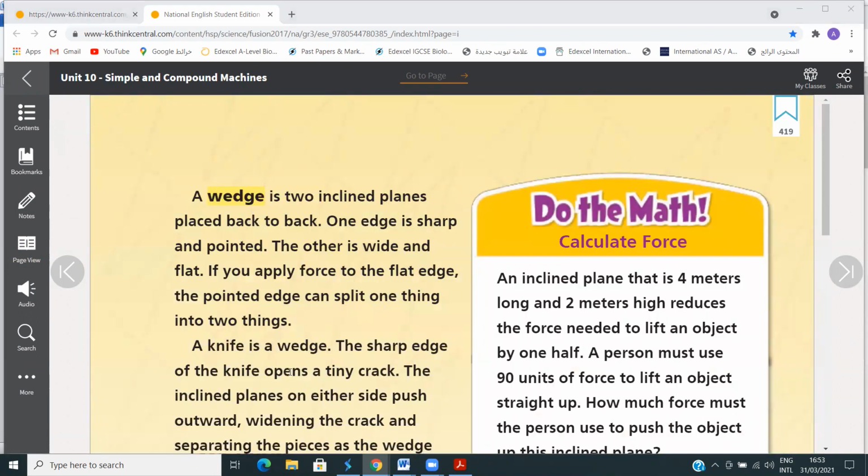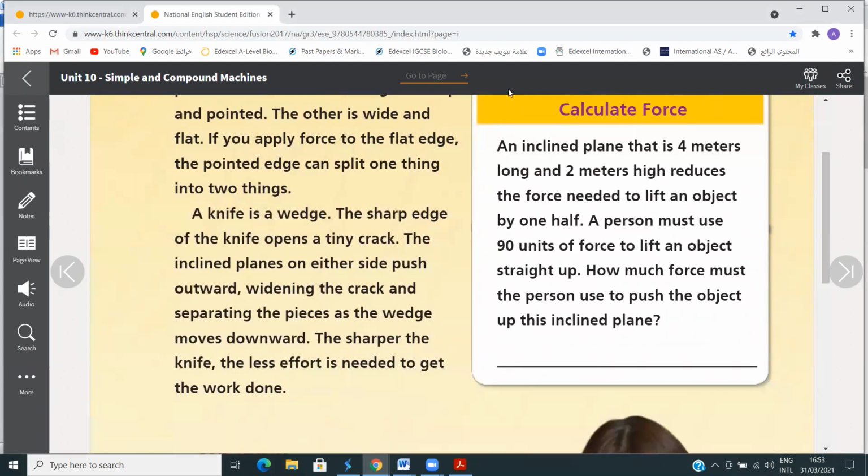A knife is a wedge. The sharp edge of a knife opens a tiny crack. Crack means the hole here. The inclined planes on either side push outward, widening the crack to separate the pieces of wood. Okay, my students?